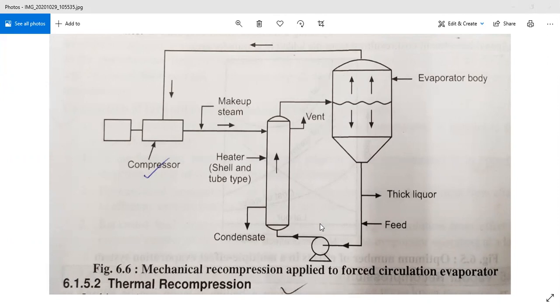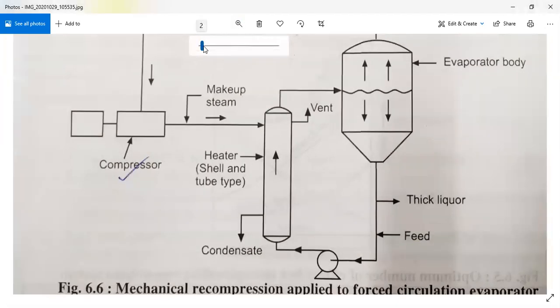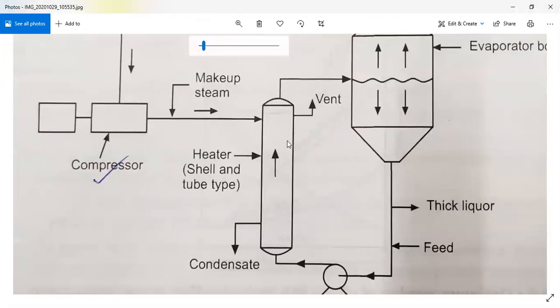We have also discussed what exactly a forced circulation evaporator is, because it involves an external agency. In this diagram, the external agency is a shell and tube heat exchanger, of vertical element, so it is called a forced circulation evaporator.